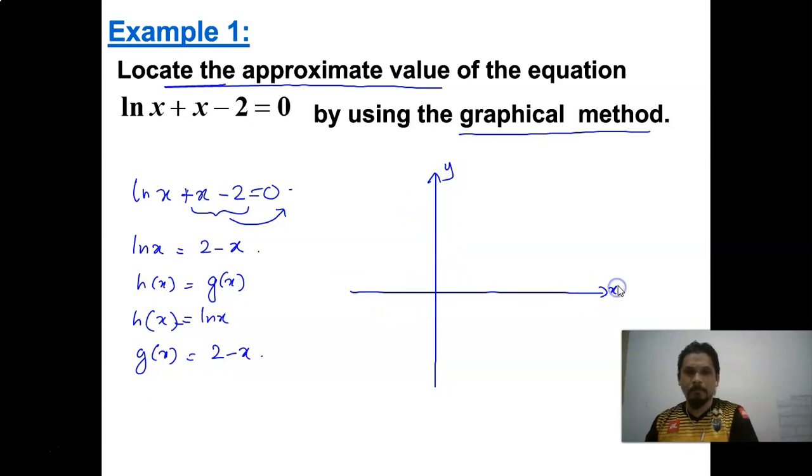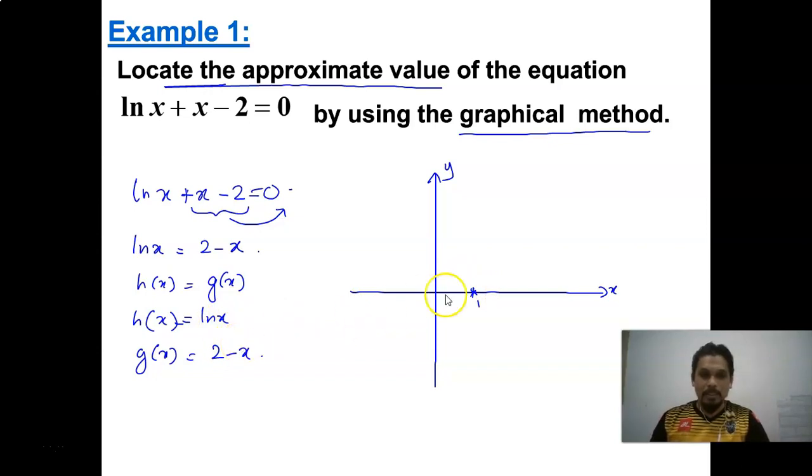Let's sketch the graph of natural log of x first. When x equal to 1, natural log of 1 equal to 0, so y equal to 0 here. And when x equal to 0, natural log of 0 is undefined. Let's say x equal to 1 over 2.